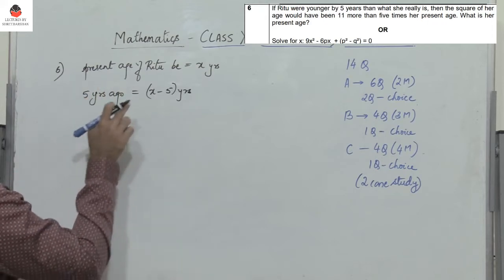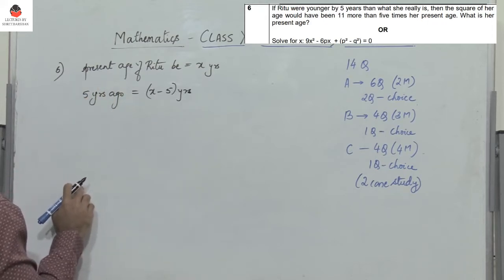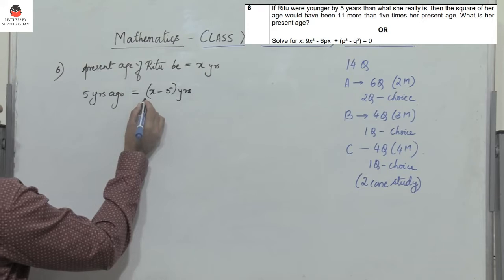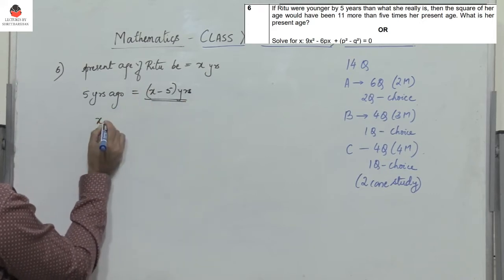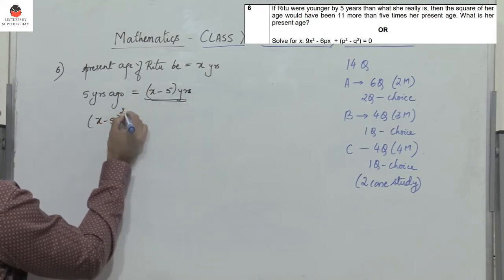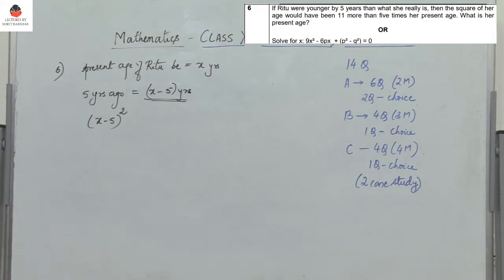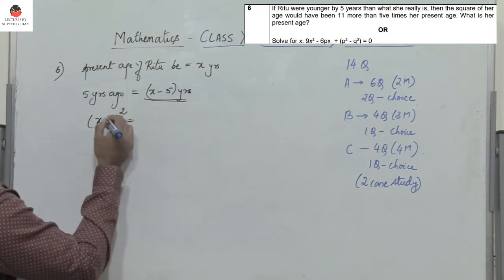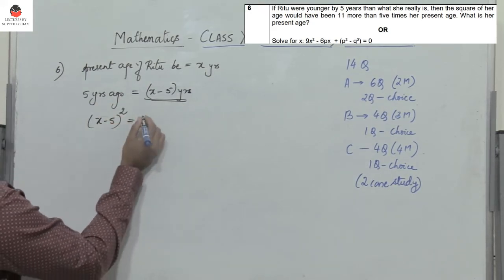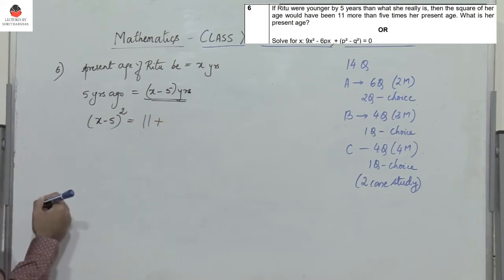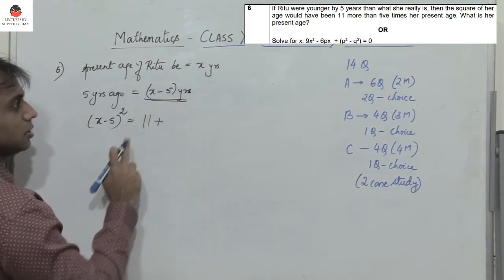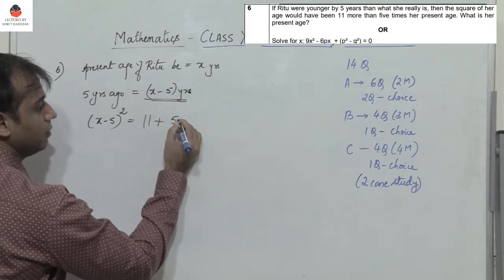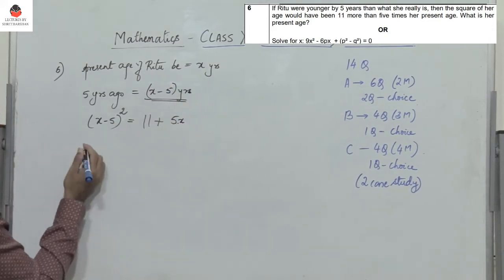Very simple. Then the square of her age would have been, so square of her age, that means if she was x minus 5, the square of her age is x minus 5 whole square, would be 11 more than, means 11 plus 5 times her present age. So her present age is x, 5 times present age is 5x, 5 into x, right?